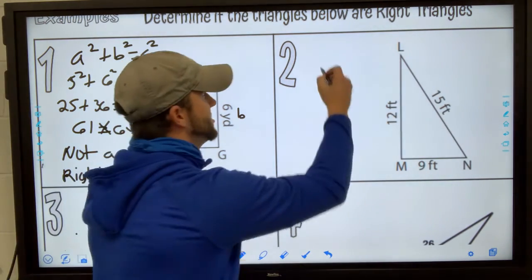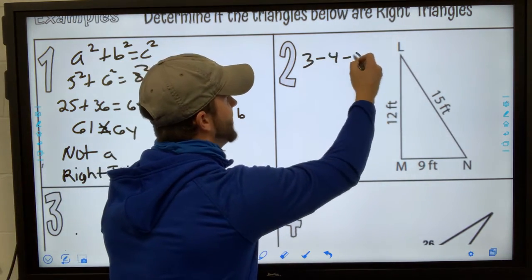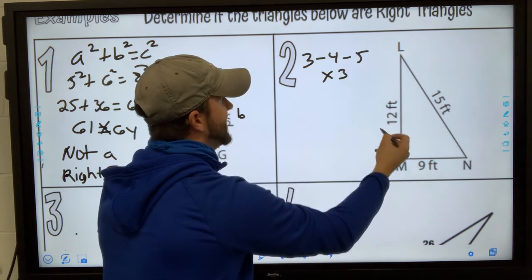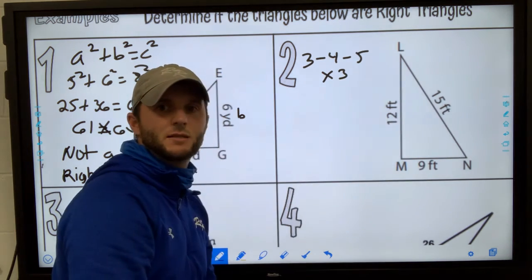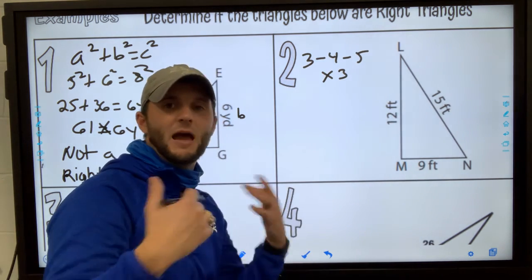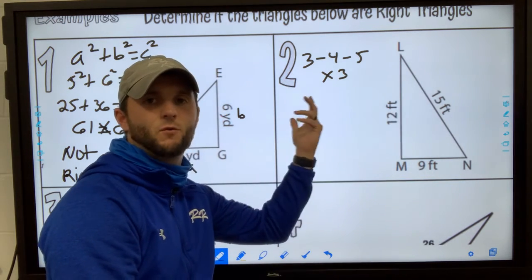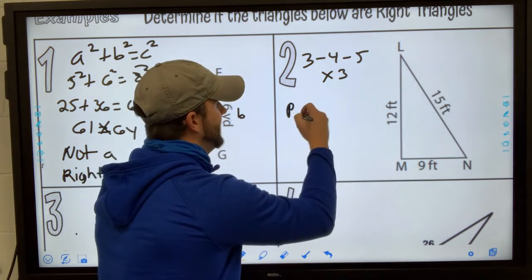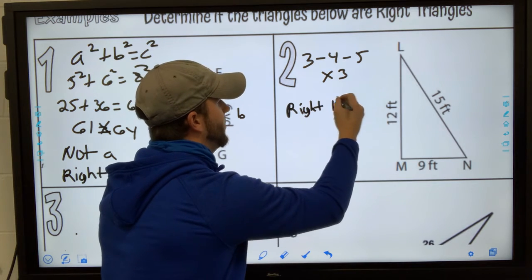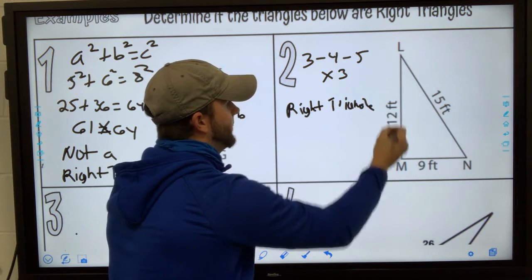So I just took the 3, 4, 5 right triangle and multiplied it times 3 to get these 3 sides. Without even doing the Pythagorean theorem, I know this is just a scaled up version of the 3, 4, 5. So automatically it is a right triangle, okay?